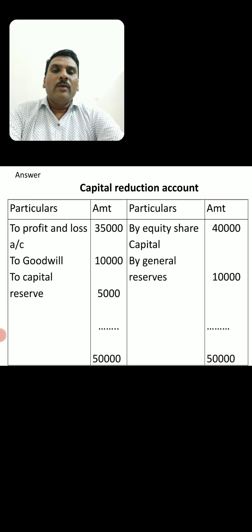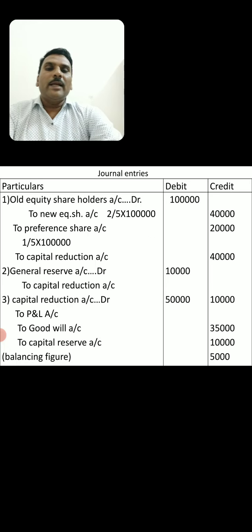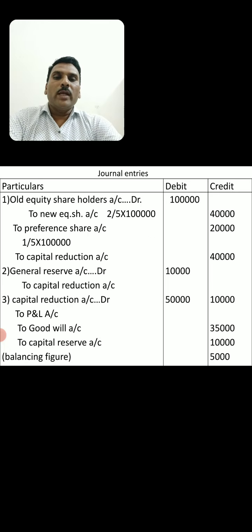Now we will see how the equity shareholders and the preference shareholders are sacrificing, with the help of journal entries. First, the old equity share capital is 1 lakh. It consists of 10,000 shares of rupees 10 each, means 1 lakh. The new equity share capital is 2/5 of 1 lakh, means 40,000.